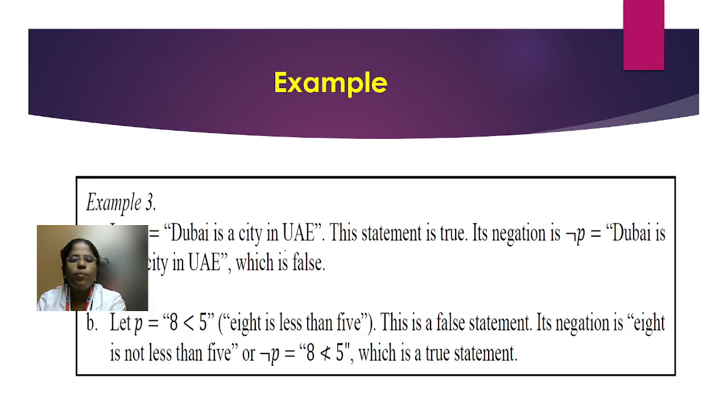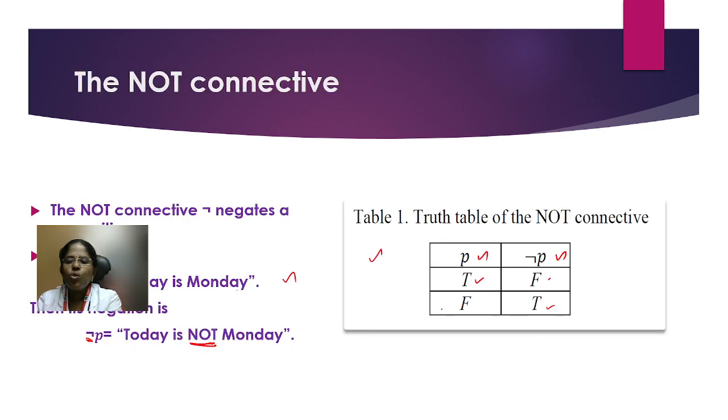For example, if the proposition represents Dubai is a city in UAE, this is a true statement. The negation of this statement is Dubai is not a city in UAE, and this is a false statement, F. So according to the truth table, if it is true, you will get the negation statement as false.